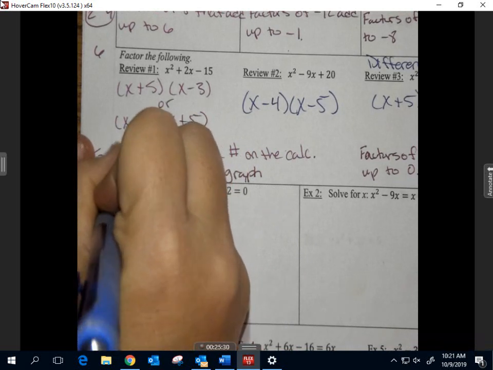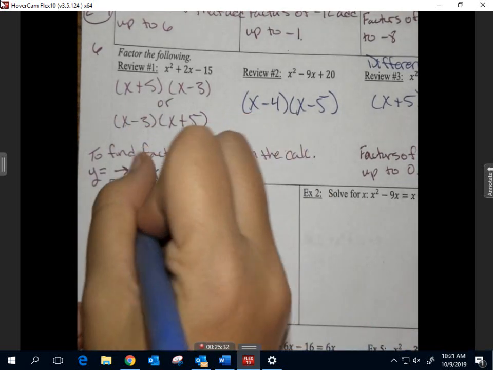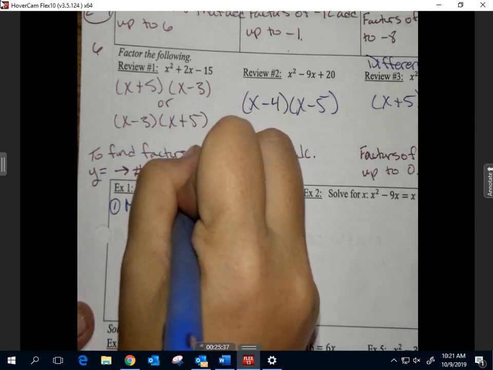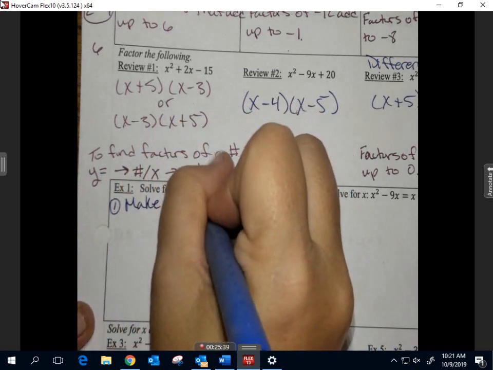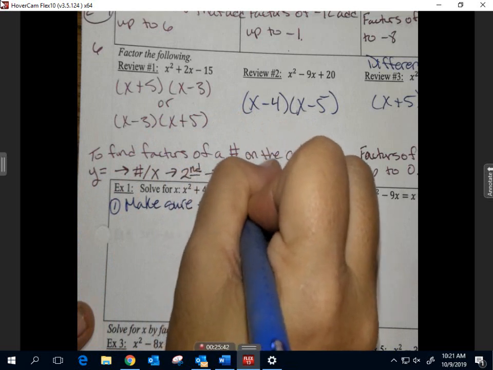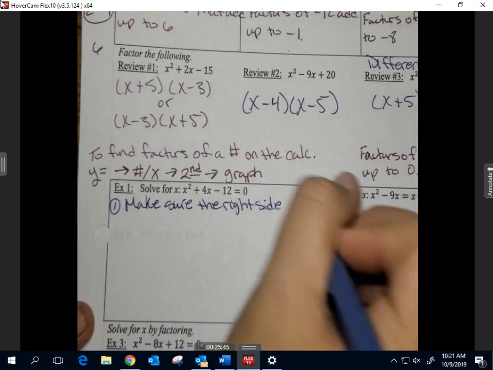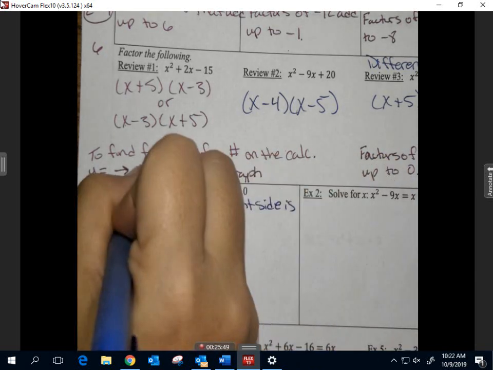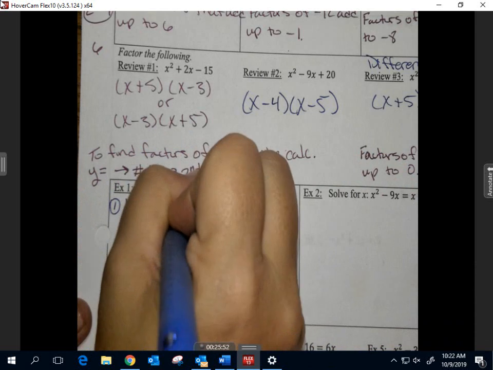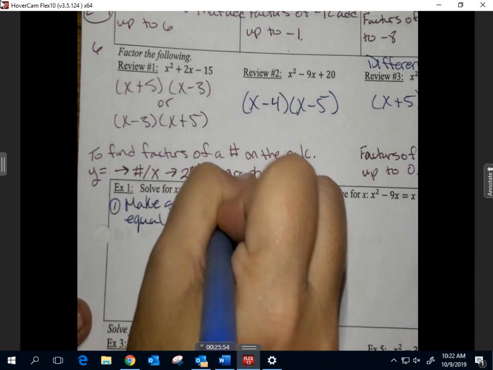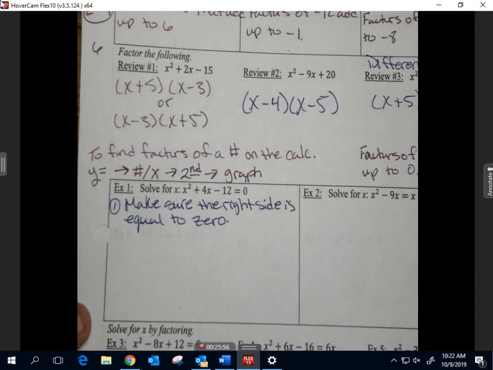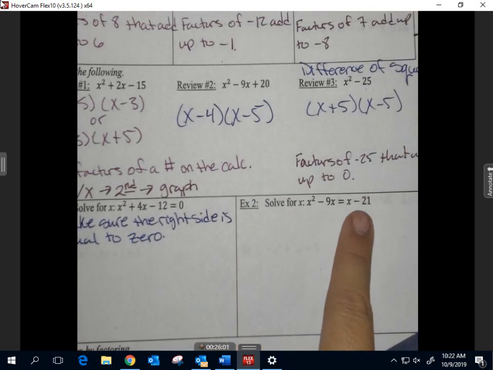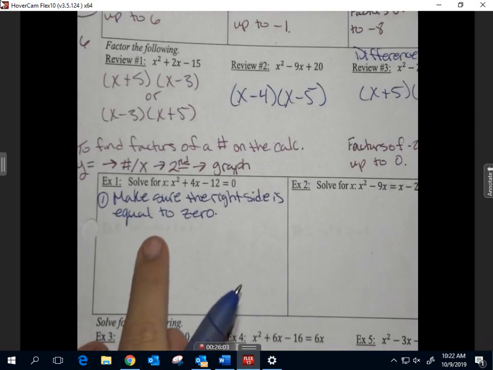So our first step is you have to make sure the right side is equal to 0. Because if you look at example 2, is the right-hand side equal to 0? No. So that's always our first step.